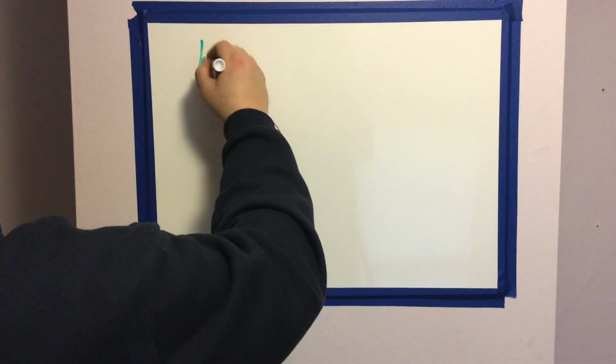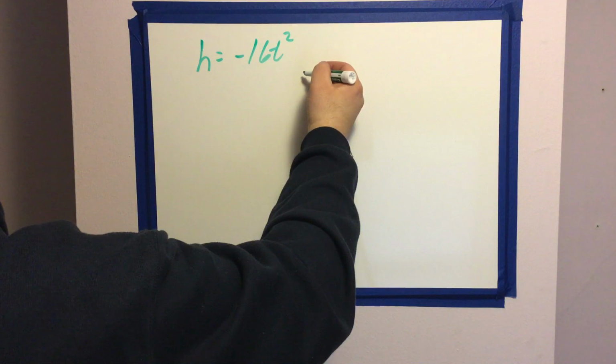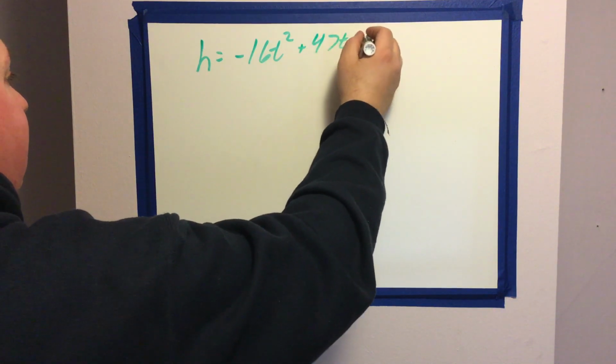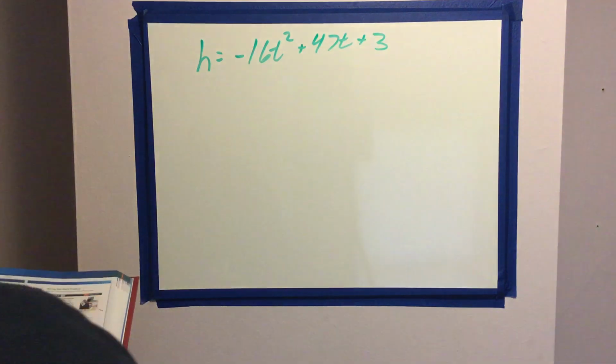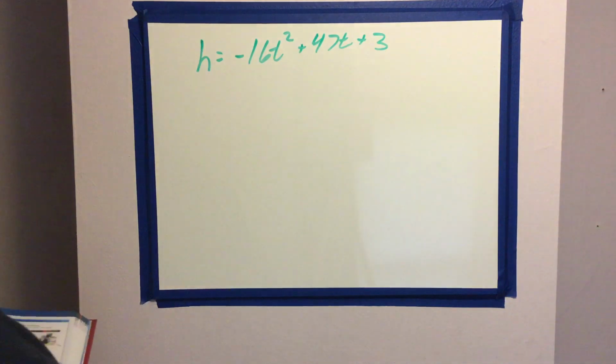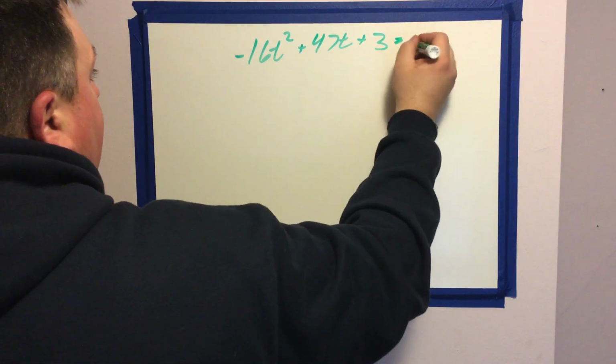So our h equals negative 16t squared plus 47t plus 3. Since 3 feet is how high it is off the ground, and this is your 47 feet per second velocity. So what we have to do is, instead of the h, we want to set it equal to 0.